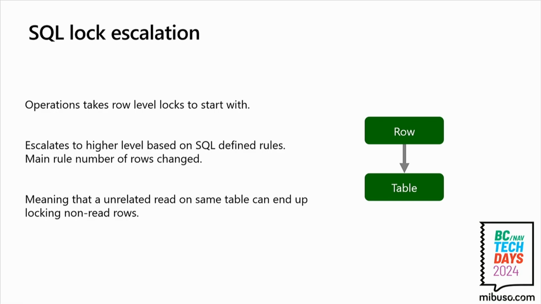One modify, one lock. But SQL Server, due to memory constraints, will, after some amount of rows, say, hey, wait a second, you're taking a lot of locks, that's costing a lot of memory. Let's escalate these small granular locks up to the table level. So suddenly you can lock an entire table, even though you only read or impacted some amount of rows.